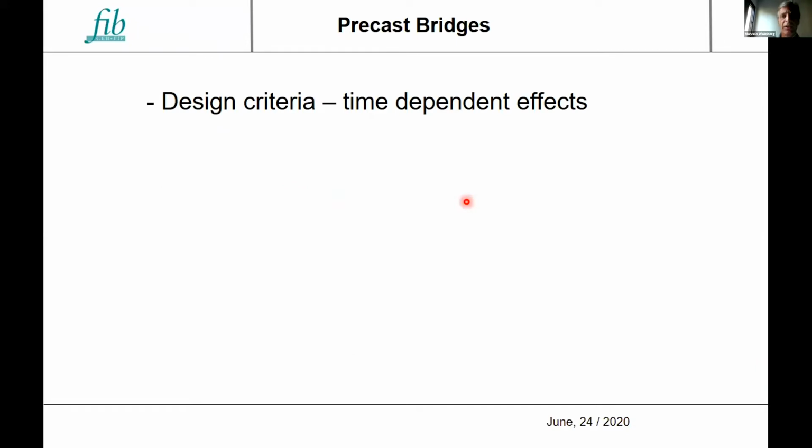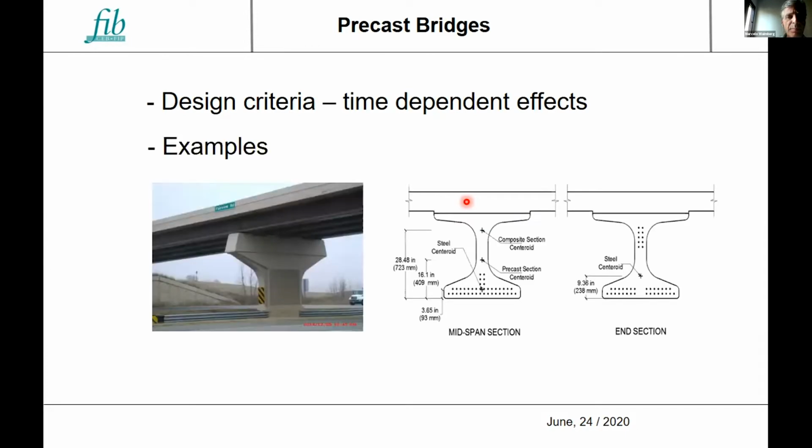In this document, you will find some design criteria to evaluate internal forces on the continuity support, as well as at mid-span. You find criteria to evaluate these internal efforts due to time-dependent effects, such as shrinkage or creep.